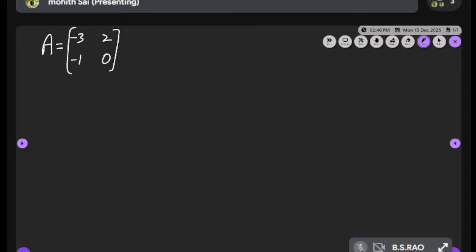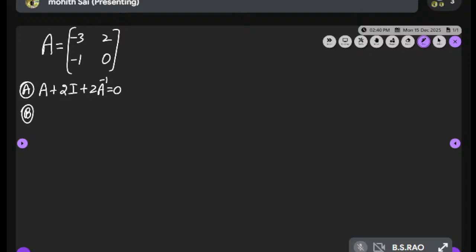Then A satisfies the equation. Option A: A plus 2I plus 2A inverse equals 0.